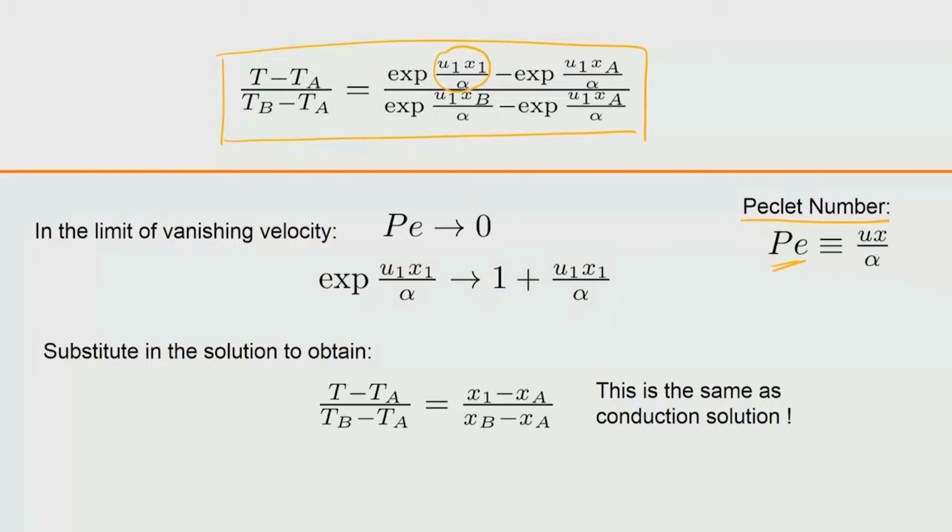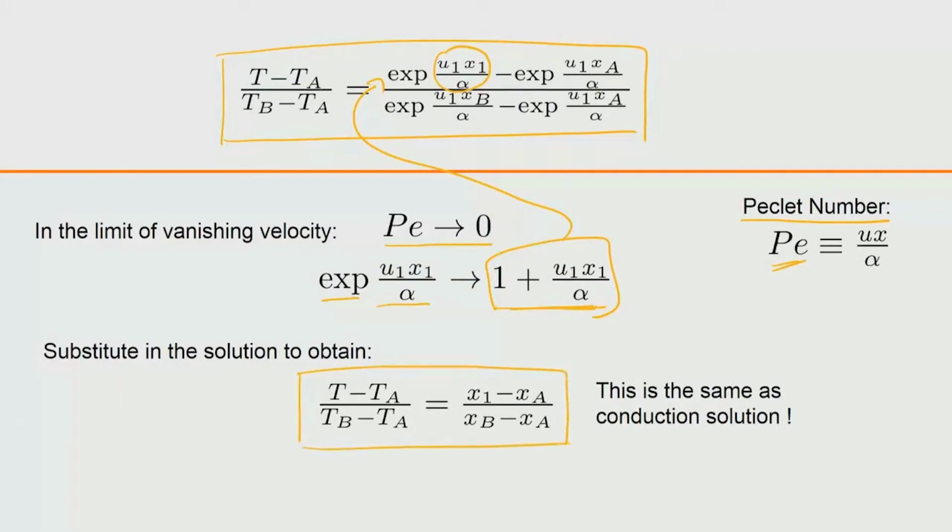Okay. Now, in the limit of a Peclet number being very small, what happens is the velocity is very small. In such situations, we already know that exponential of a small argument is approximately 1 plus that argument. Okay. So, with that approximation, when you substitute this into here and you do the same thing for all the 4 exponentials, then you would see that the expression would come out to be very simple.